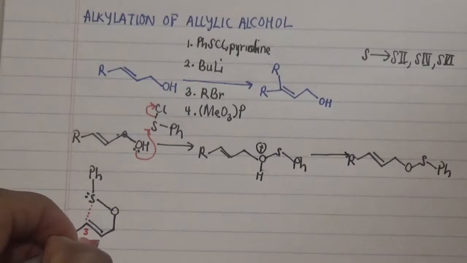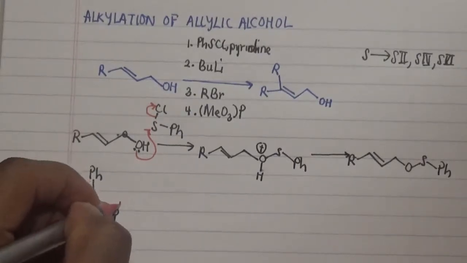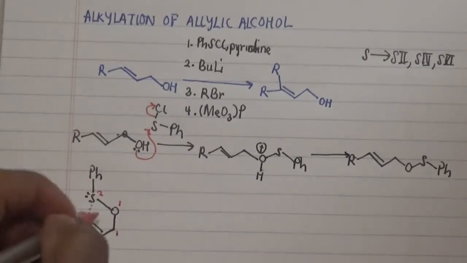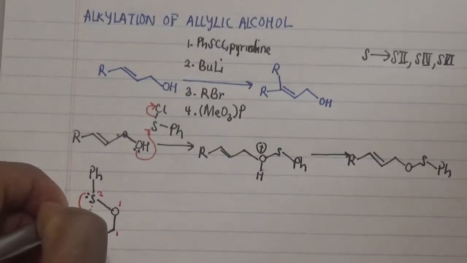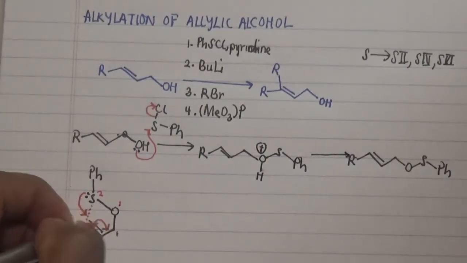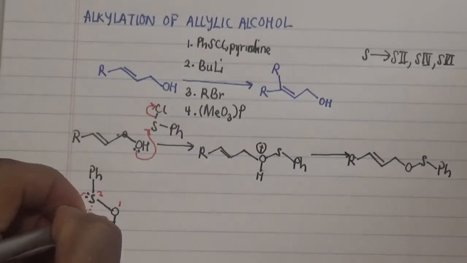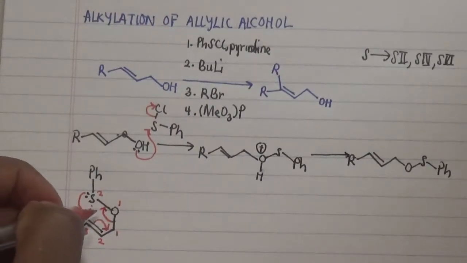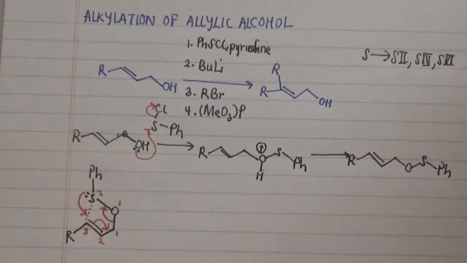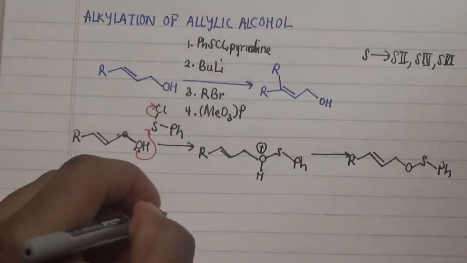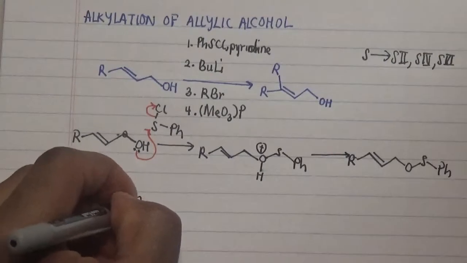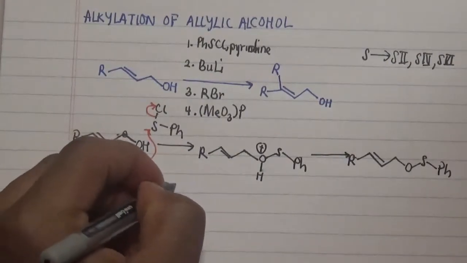By numbering, this is 3, 2, 1, 1, 2, so this is a 2,3 rearrangement. This will form a sigma bond, this will reform a double bond, and this sigma bond here will cleave off to form a double bond. As a result of this 2,3 rearrangement, what we get is this particular product.